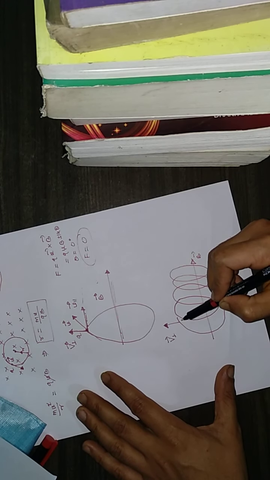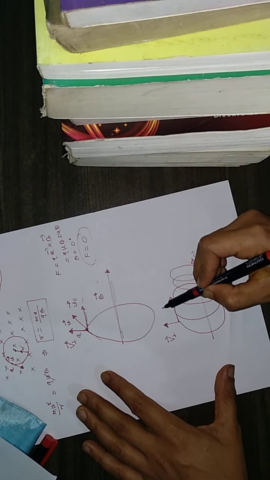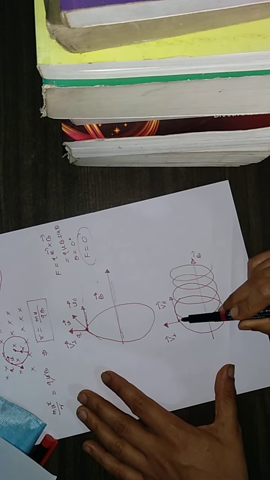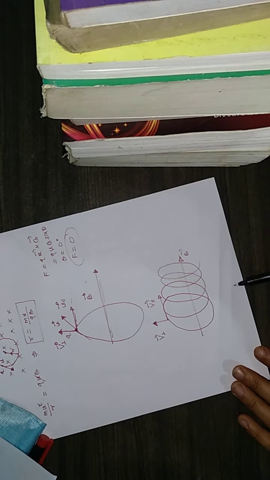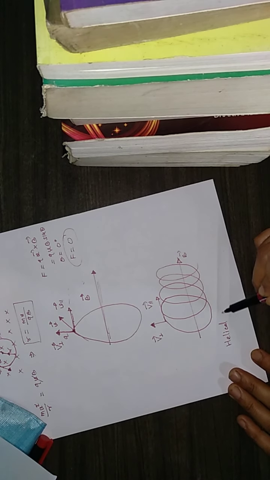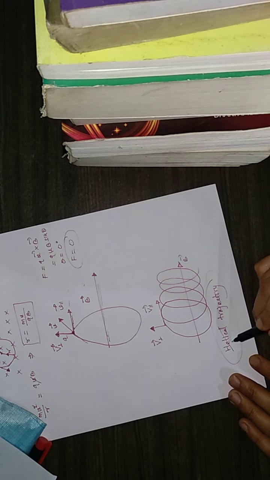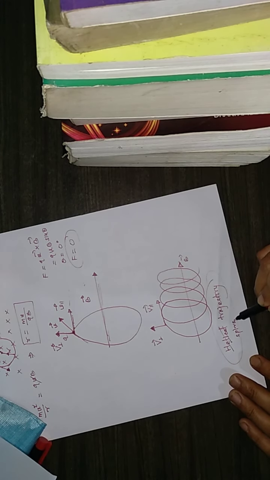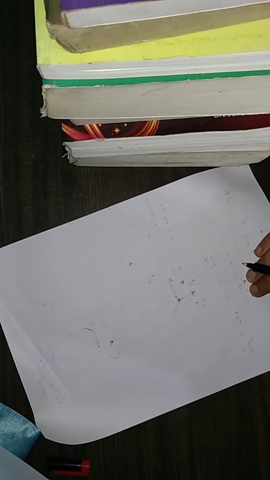The perpendicular velocity will make the circular path trajectory, but it also has a parallel component of velocity which will drive the charged particle along the magnetic field. So in total it will have a helical trajectory, also known as a spiral trajectory.